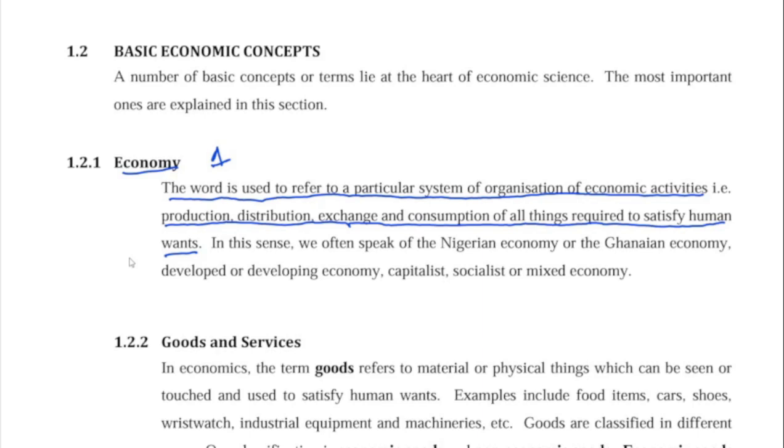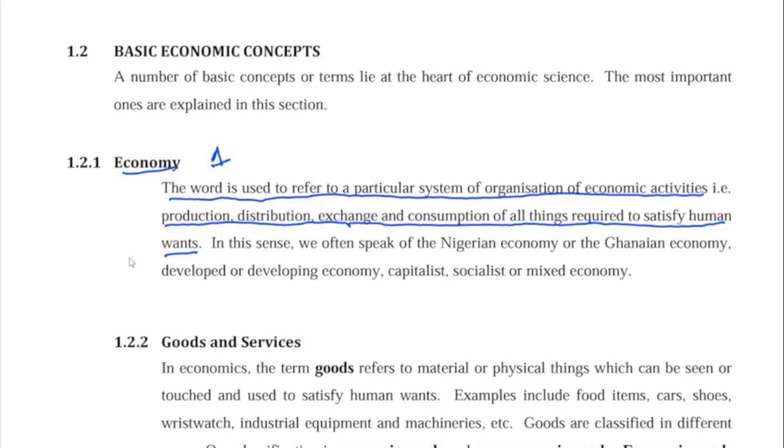So after the production, there is distribution and there's consumption, because you pay for light not because you just want to pay for it, but because you want to consume it. Are you getting my point? So the way a person, a community, a country organizes its production, distribution, and consumption is regarded as economy. So that is what economy means.